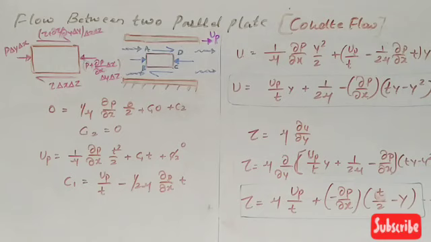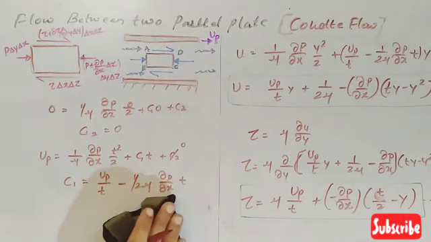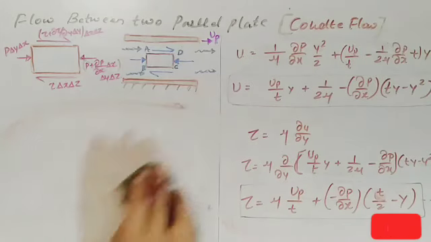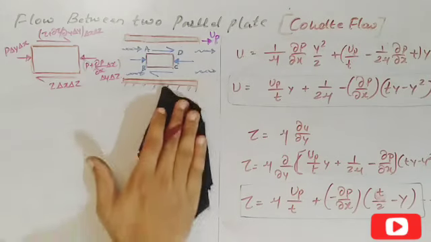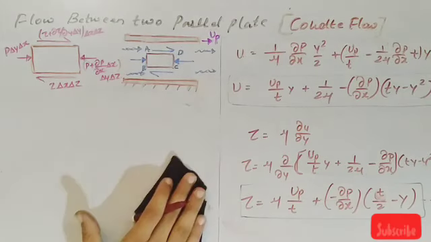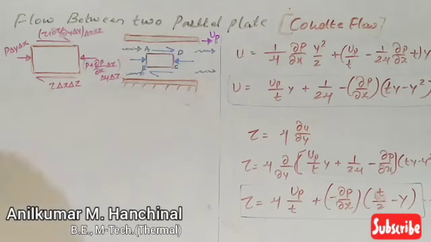But this shear stress distribution is unsymmetrical with the value of y and b. I cannot guess what the actual profile is, how it will be distributed, whether it is linear or parallel or parabolic. So the velocity distribution, the velocity profile, needs to be identified. This shear stress distribution is unsymmetrical with the value of y.